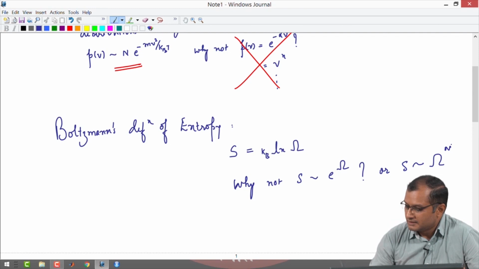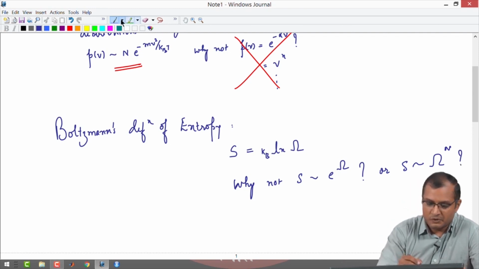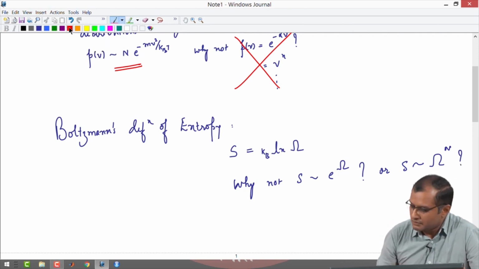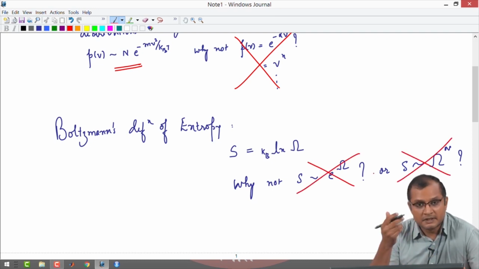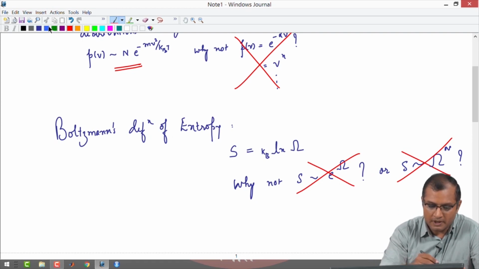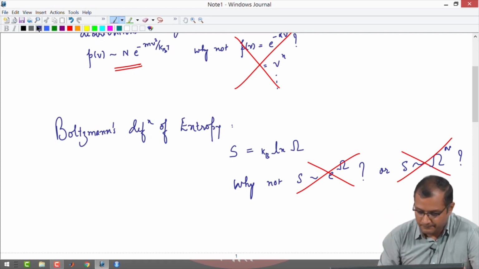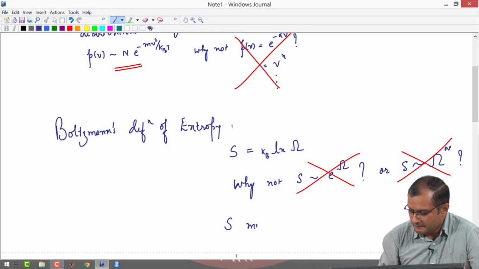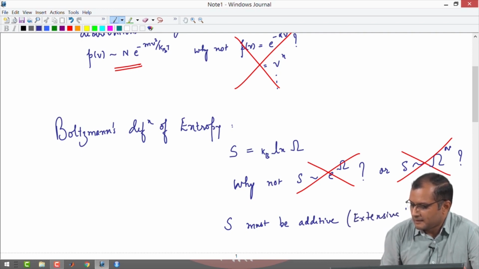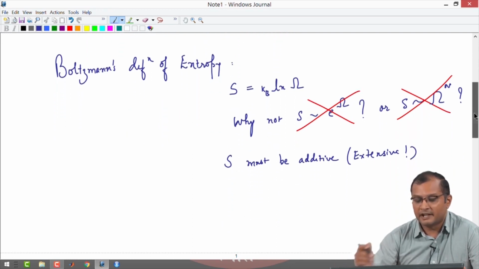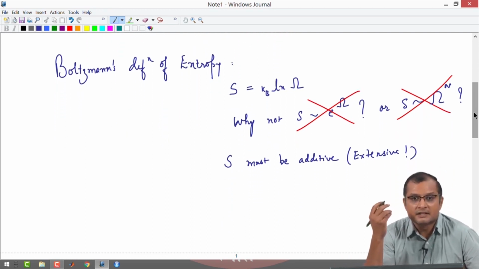Well, there is a reason why Boltzmann did not take choices like e to the power omega or omega to the power n, for the simple reason that he wanted entropy to be additive, or extensive, and we shall see why logarithmic dependence on number of states makes entropy naturally extensive.